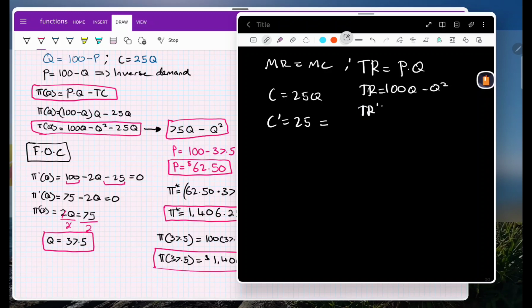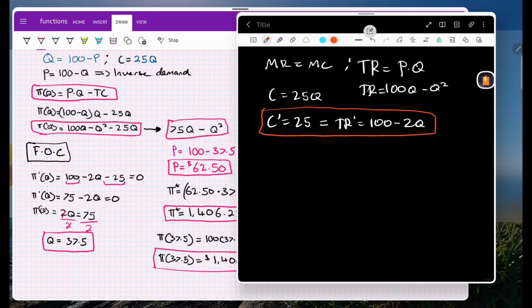Taking the first derivative of your total revenue function would be 100 minus 2Q. So you want to set these equal to each other to maximize profits.